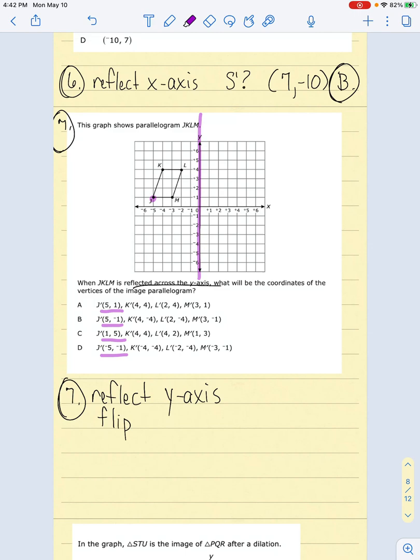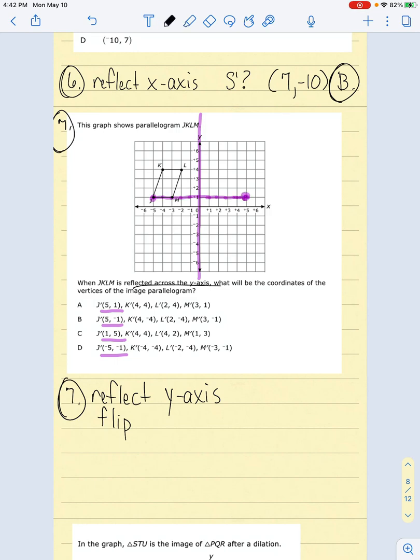Since I'm reflecting across the y-axis, I notice that right now J is 1, 2, 3, 4, 5 to the left. So I'm going to flip J along that line, 1, 2, 3, 4, 5 to the right.